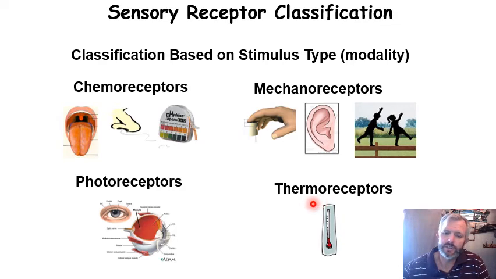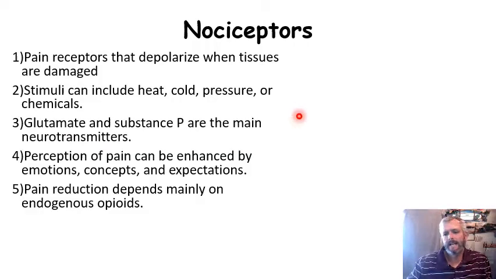There's another class I mentioned here, but the stimulus form is multi-dimensional. There can be many different stimuli that can activate these, but it's kind of the one we don't like to talk about. That class of receptors that respond to many different types of stimuli, at least modality-wise, are those nociceptors.